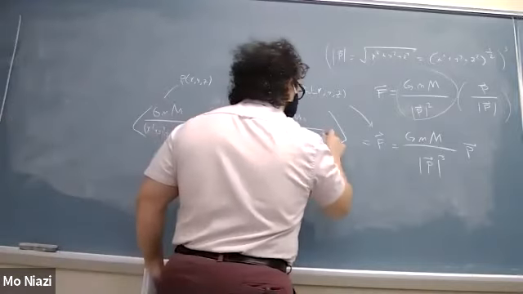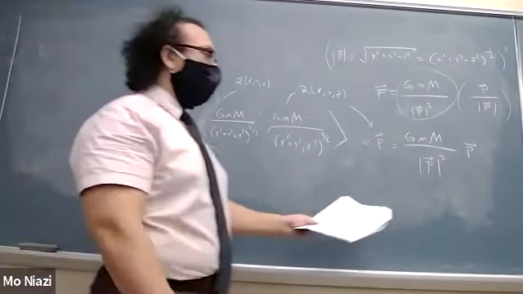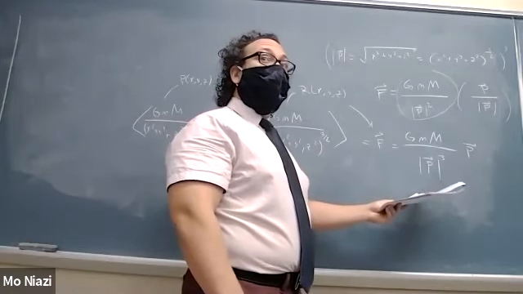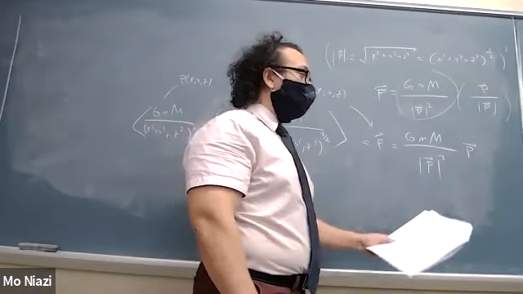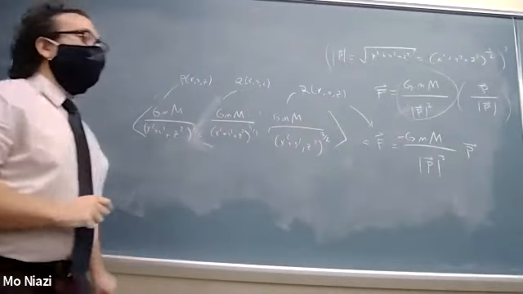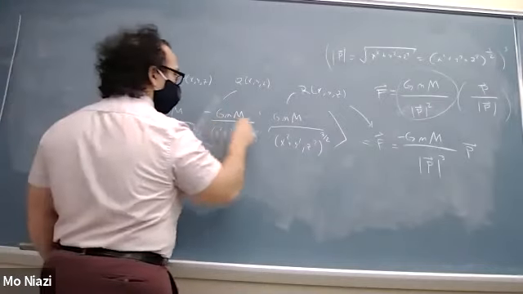Well, there is one more addition to it. This would represent repulsive gravity, like in dark energy, right? But we want to talk about gravity that is attractive. So we must put a minus sign on it. So let's not forget that all of these actually need minus signs.